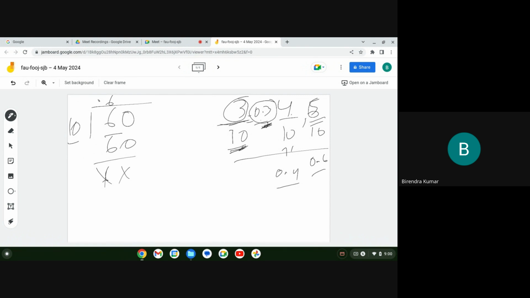This one decimal place we have after the decimal, that's 0. This decimal is accounting for 1. Likewise, if you look at 4 by 10, that becomes 0.4. So 4 remains 4, and this 10 moves it by 1 decimal place. So we are just trying to draw that relationship.